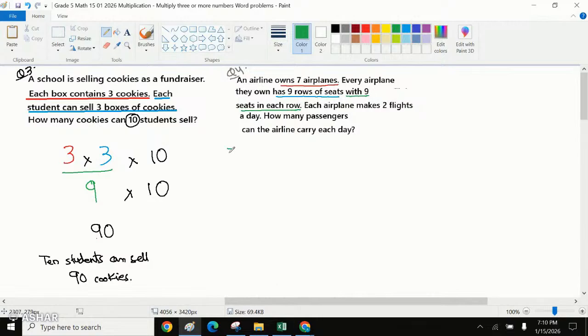That means there were 9 rows, 4, 5, 6, 7, 8, 9, and there were 2, 3, 4, 5, 6, 7, 8, 9. That means 9 and 9. So we know that 9 multiplied by 9 would be 81 seats, right? Per plane. Okay. And how many planes were there?